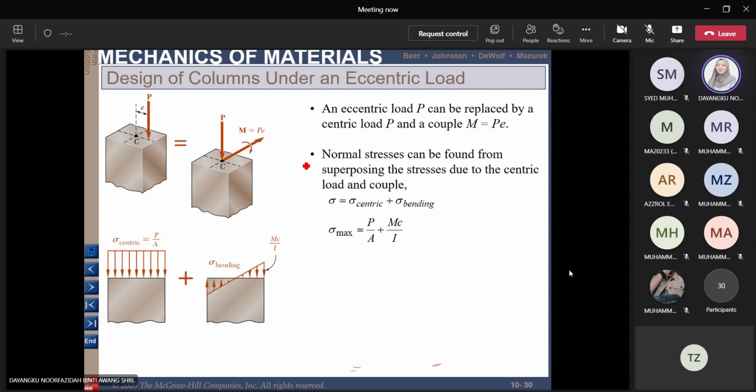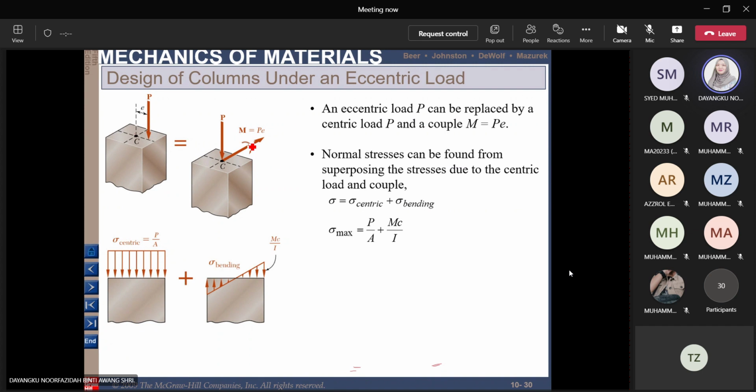We will have the value of E, which is situated at some millimeters from the center of the column, and it will induce a moment couple as shown here. So we will have our P at the center of the column coupled with the moment, which is the value of PE.